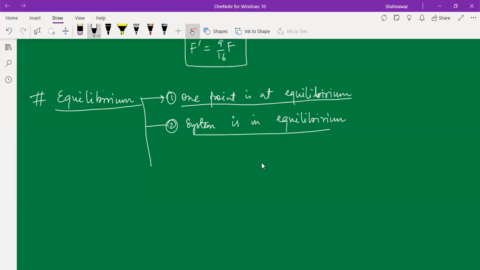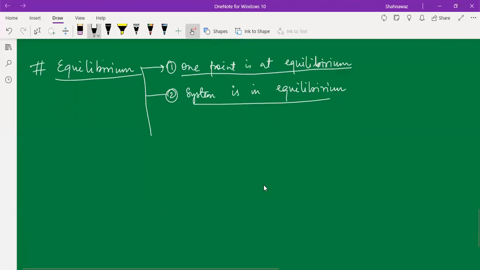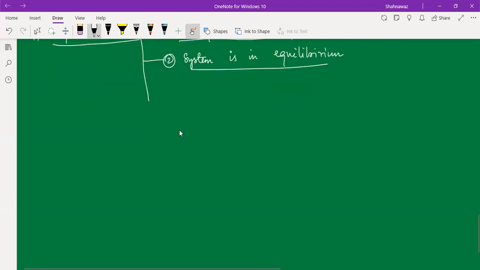Let's say you are placing a charge. So this is some charge q and this is some charge q, both plus q. And in the center you are placing another charge plus q. Let's say this total distance is r, and this is r by 2, this is r by 2.